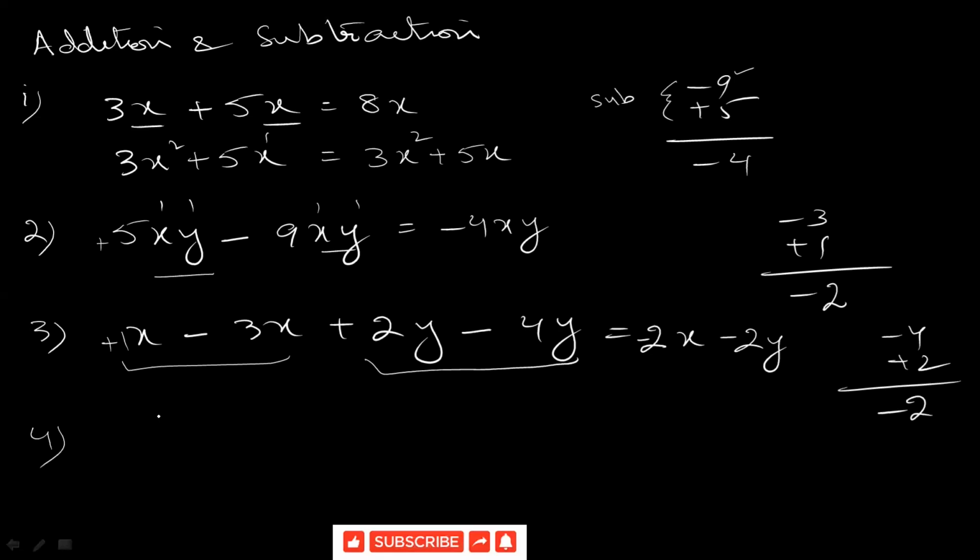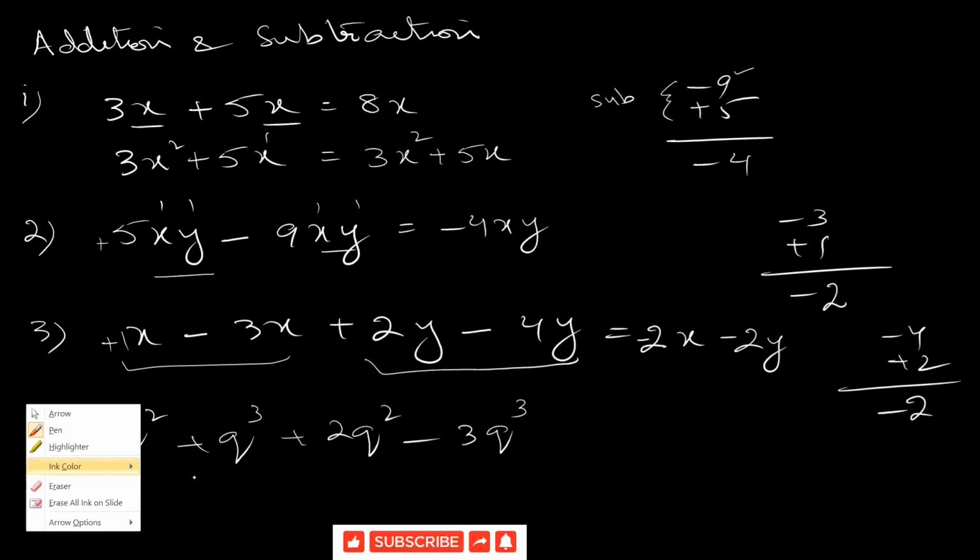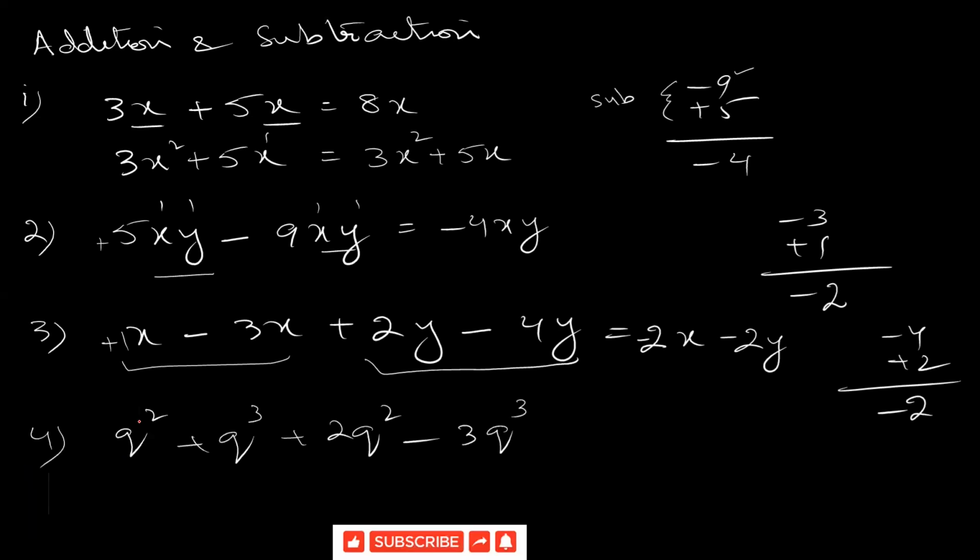q square plus q cube plus 2q square minus 3q cube. Now you see, we change the color. This q square and this 2q square we can add.